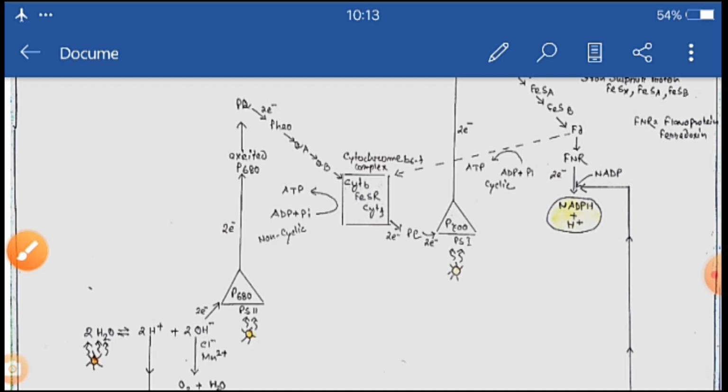That is, the pigments trap photon particles and they transfer them to the photocenters of the respective system. Okay.